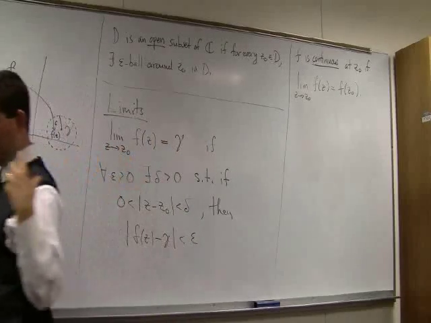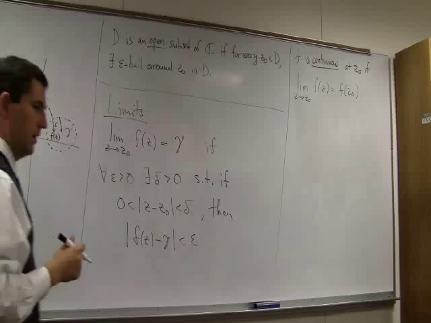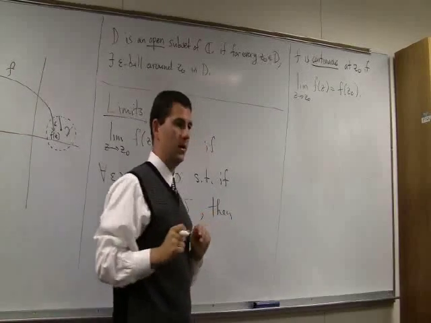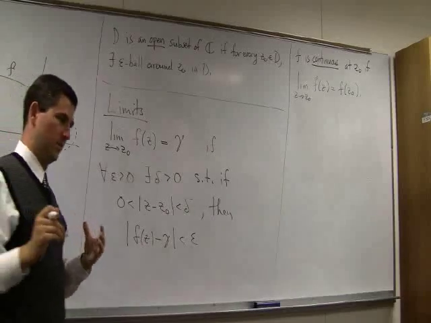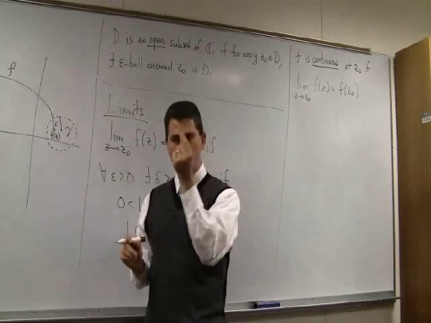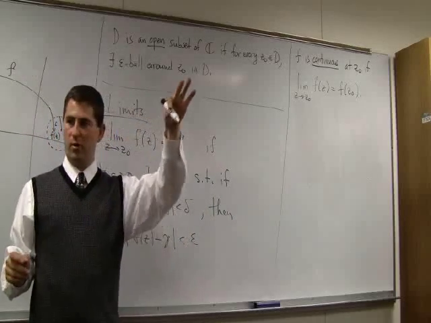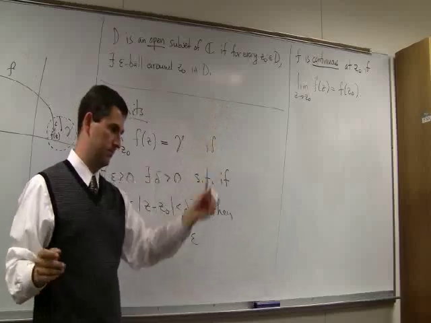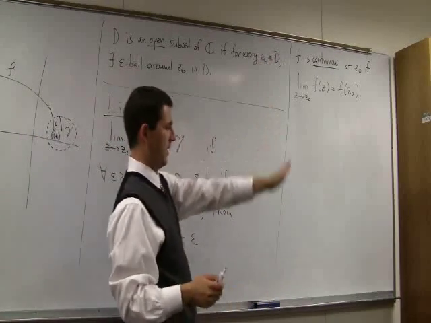If you can evaluate the limit by simply plugging in z naught, then the function is continuous at that point. The physical interpretation of continuity is that a small change in the input results in a small change in the output. Or if you're drawing the picture, you don't have to pick up your pencil, or paintbrush, since now we're in 2 dimensions.